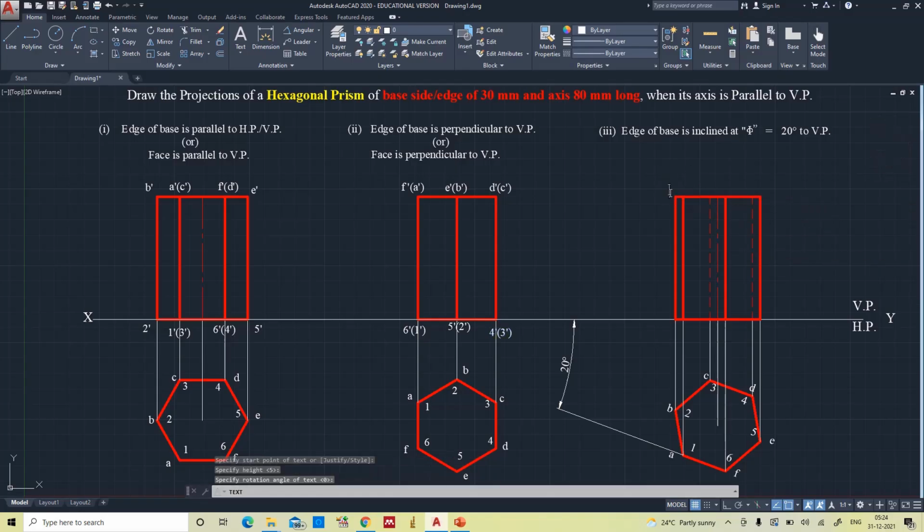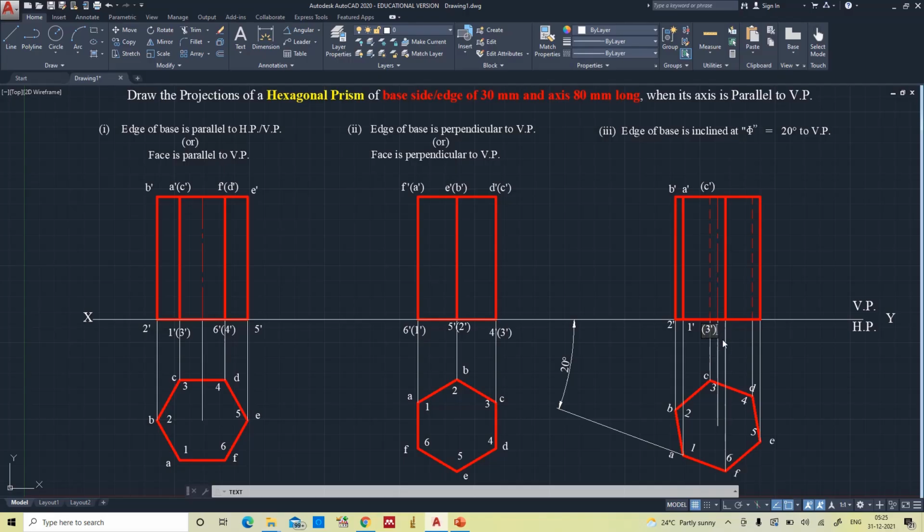See, this belongs to B, so B dash and then 2 dash, and the next one A dash, visible, A dash and 1 dash, and this one C3, so invisible, C dash and then 3 dash.